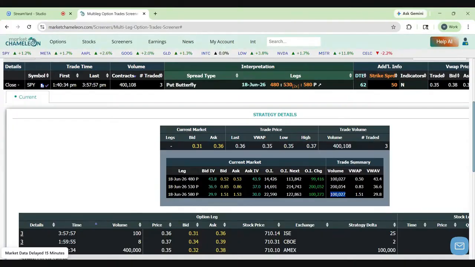So there was a significant amount of open interest here, but here we see that the change in open interest was very large and corresponds to the volume in this particular trade. So the inference here is this is a new opening established position.